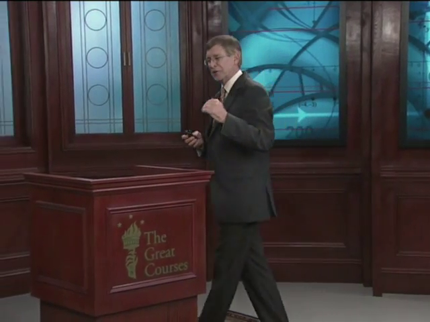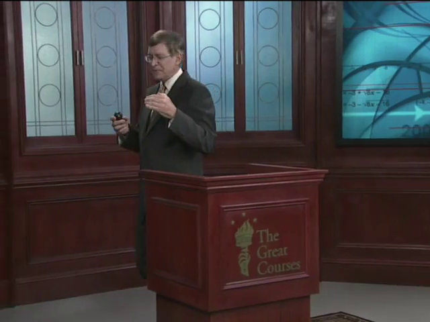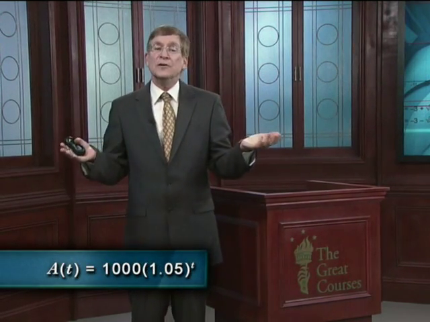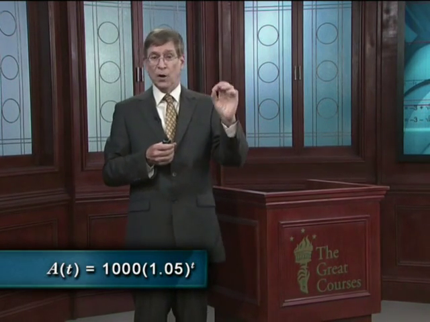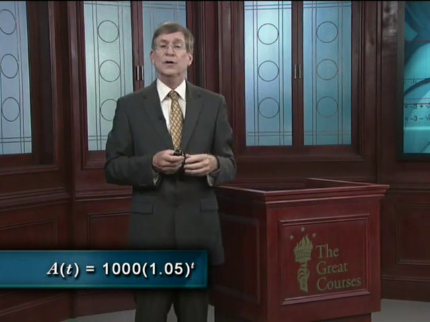That's the power of compound interest. It's really good stuff. And in fact, if you continue this argument, I think you can see that after 3 years, what would you have? Well, you'd have 1,000 times 1.05 cubed. And after 4 years, it'd be to the fourth power. And in fact, after t years, where t is any positive integer, you would have 1,000 times 1.05 to the power t.